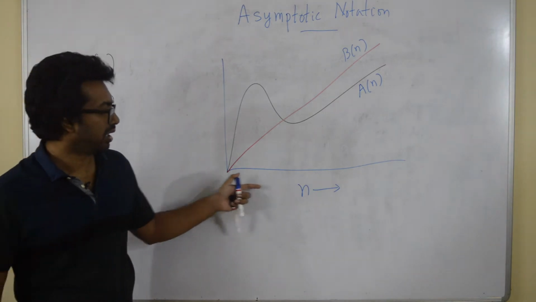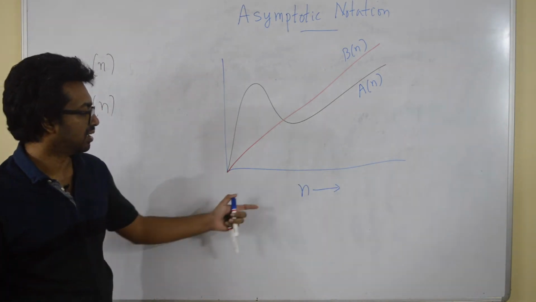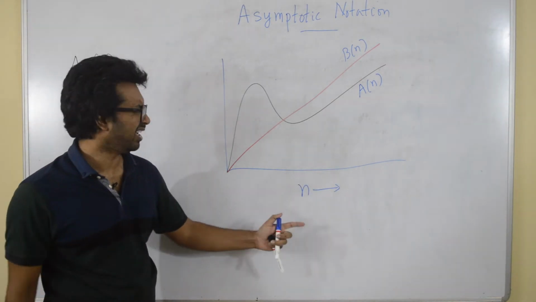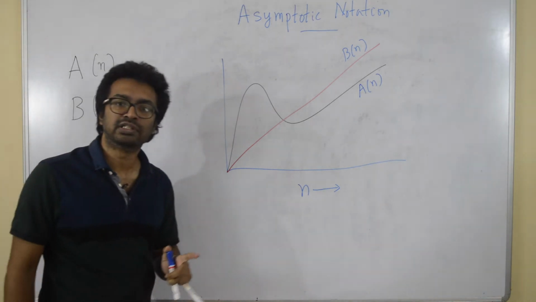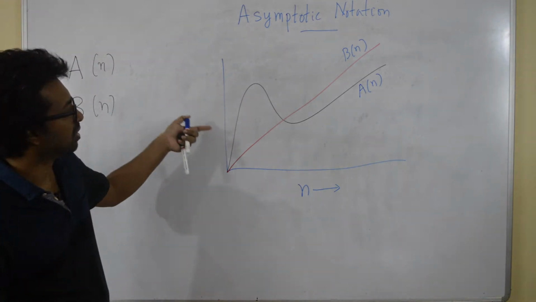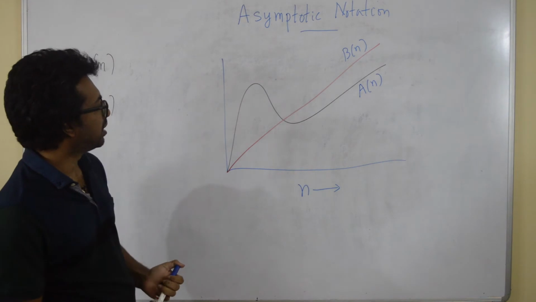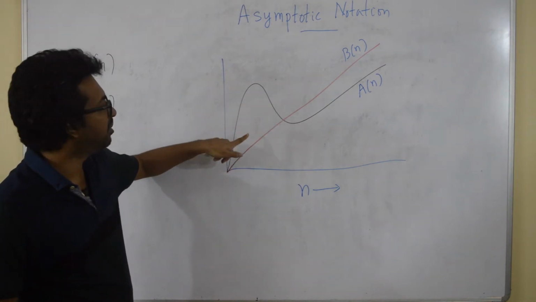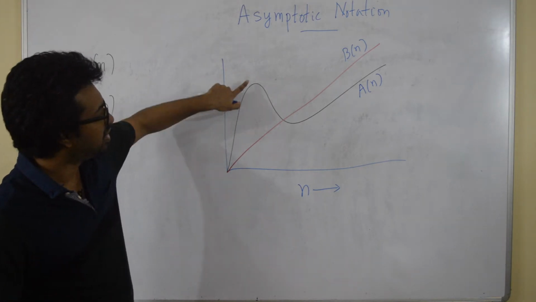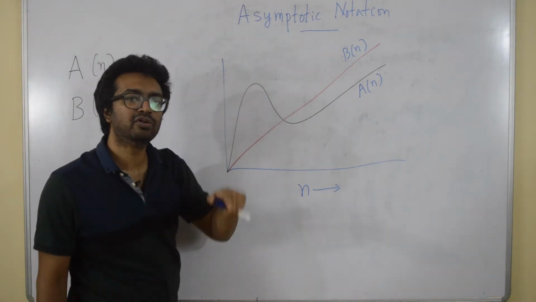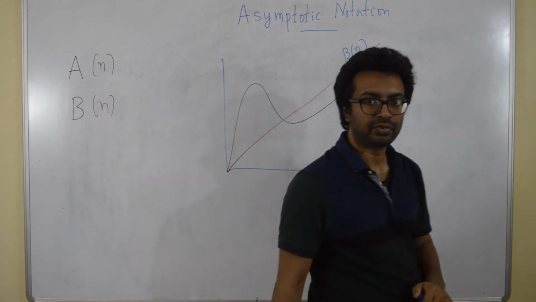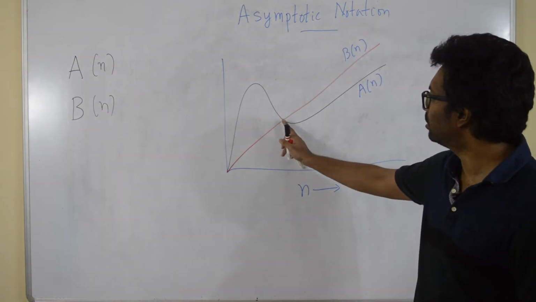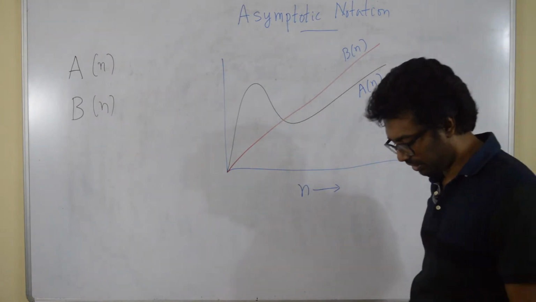On the x-axis it is the size of the input n, and on the y-axis the worst case running time for the algorithms A and B. As you can see, A of n takes more time than B of n at the initial stages, and then after that B of n takes more time. On any inputs after this point, B of n takes more time.